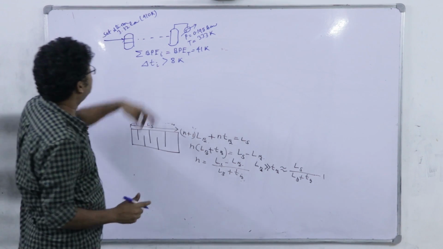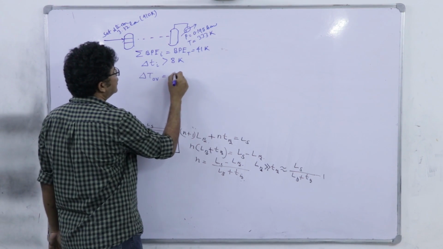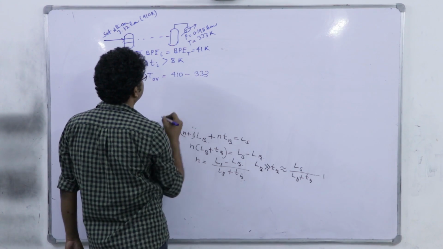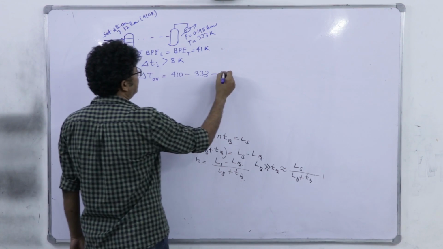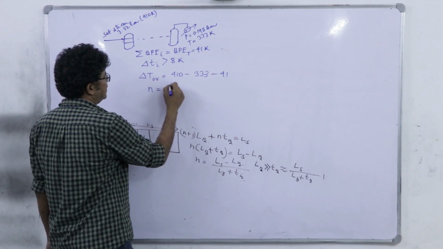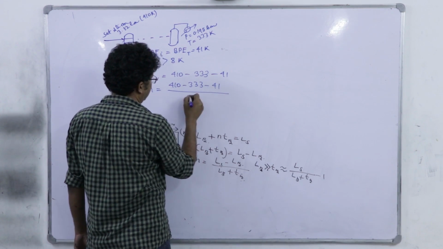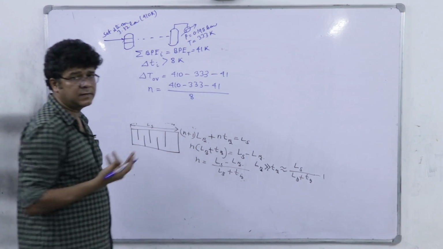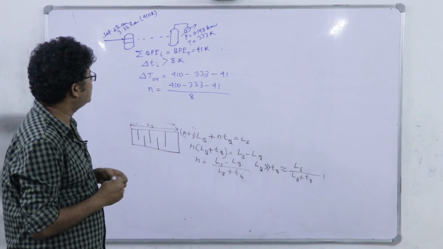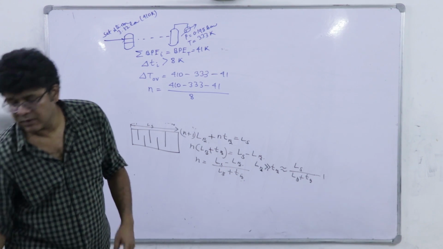The overall temperature difference, delta T overall, is 410 minus 333, minus boiling point elevation 41. So the number of effects is 410 minus 333 minus 41 divided by 8. It is very simple. You have to understand what this equidistribution of temperature means, and from there we can calculate the number of effects.